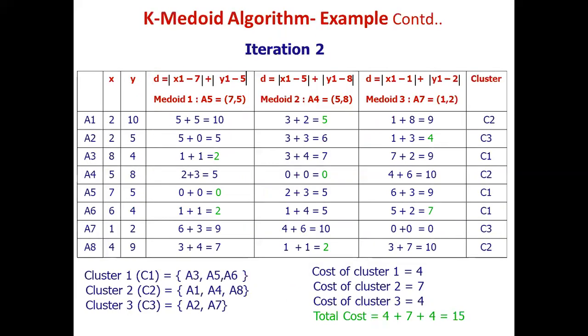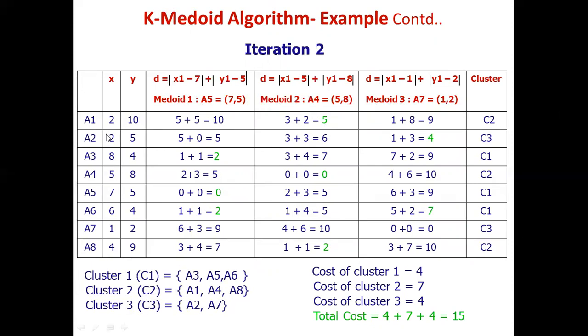Next, we'll go to the second iteration of the algorithm. Here also, we have to choose any non-medoid object from any of the clusters. Here I have chosen A5 as the medoid object. In this iteration, A5, A4 and A7 are medoids for the first, second and third cluster respectively. Next, compute the distance from all non-medoid objects to medoid objects as done in the previous iteration. After computing the distance, relocate the non-medoid objects into the appropriate cluster based on the minimum distance.